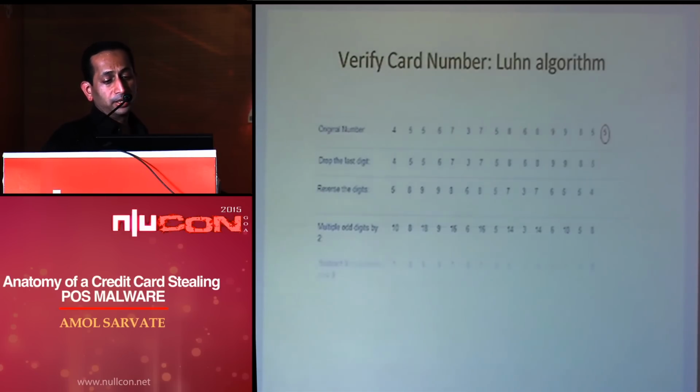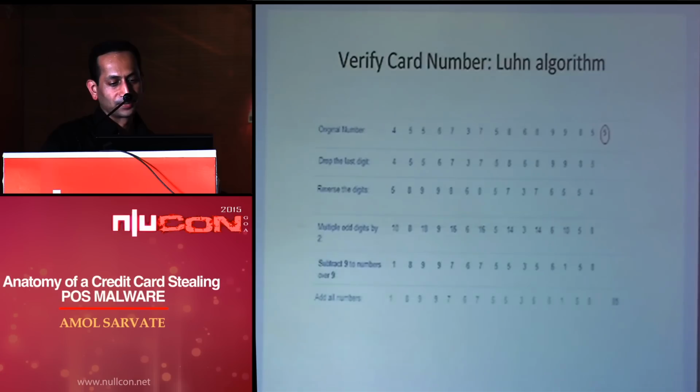So you multiply odd digits by 2, you subtract 9 from the numbers that are greater than 9. If it was 10, you subtract 9, it becomes 1. If it's 8, you just keep it as 8. It's almost like a riddle, but it's actually an algorithm that is used by all credit card vendors and malware to verify if the credit card number is correct.